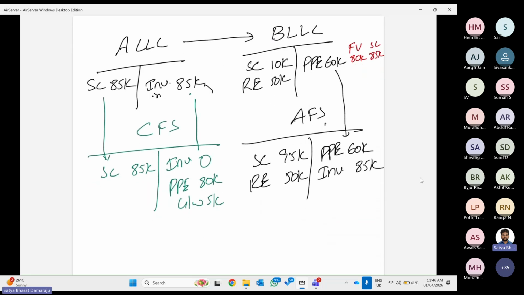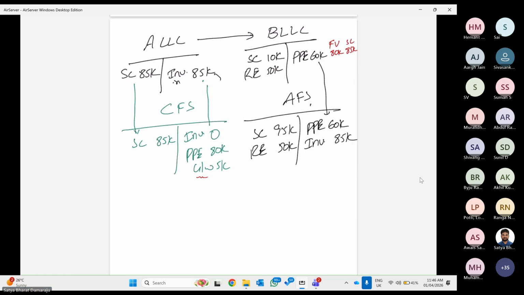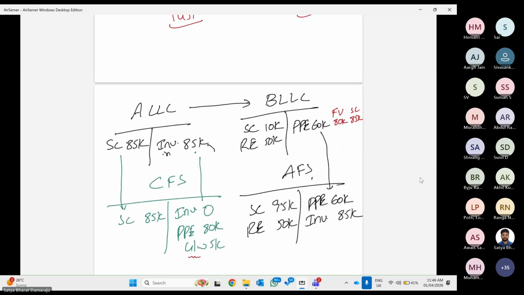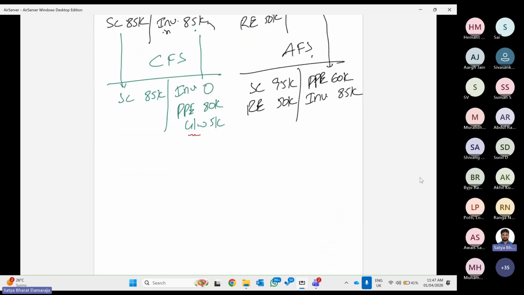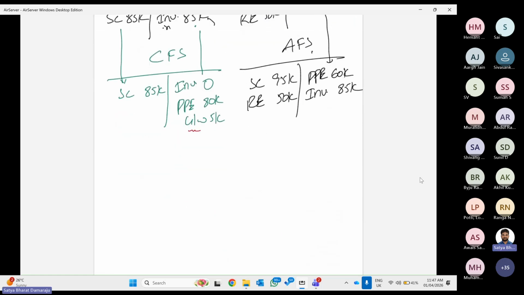But they have given an exception in which case you can still continue the goodwill. You can still show the goodwill in the AFS also, if this transaction is where a separate legal entity has been taken over by ALLC, a separate legal entity acquired by ALLC in the business combination. But there are scenarios. For example, the same situation I will take. ALLC and BLLC are two independent companies.